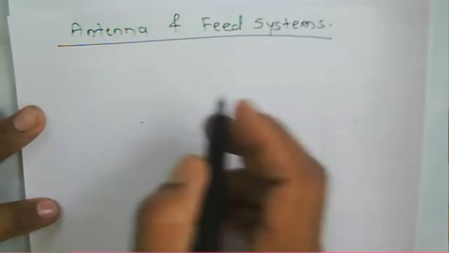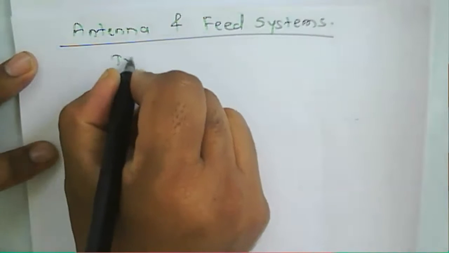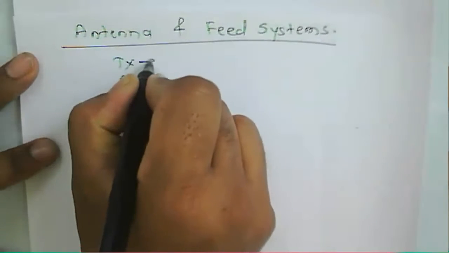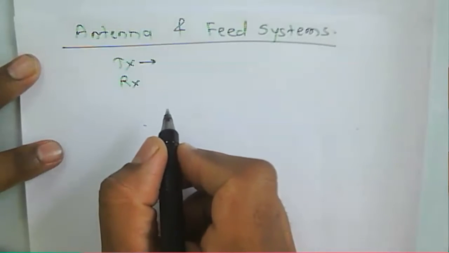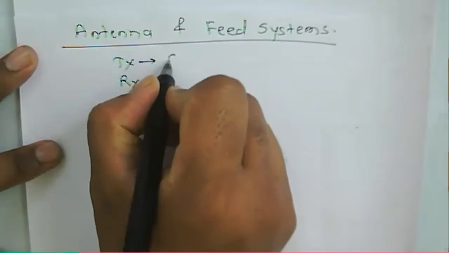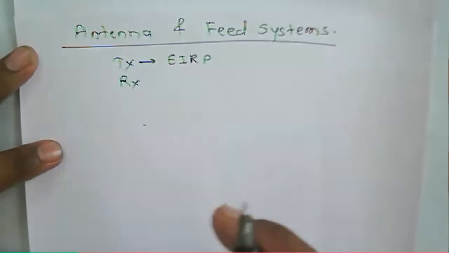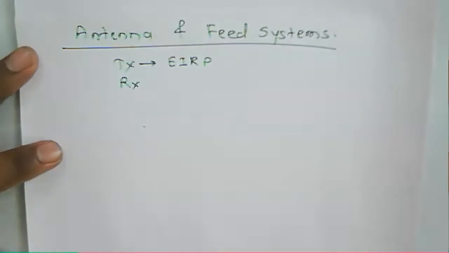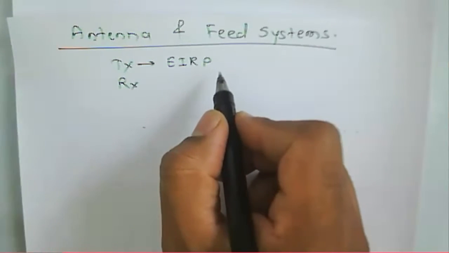Generally, we can use the antenna either for transmission or for reception. If we are using the antenna on the transmitting side, then the earth station is defined by the effective isotropic radiated power that will be transmitted by the antenna. That is the EIRP.